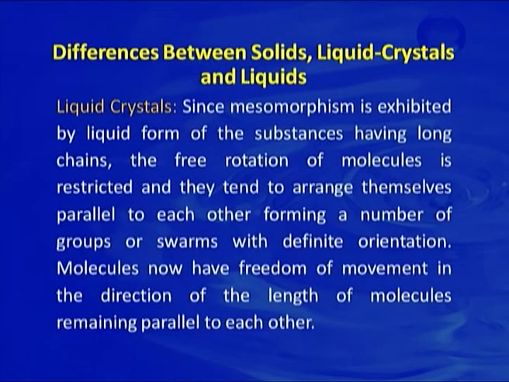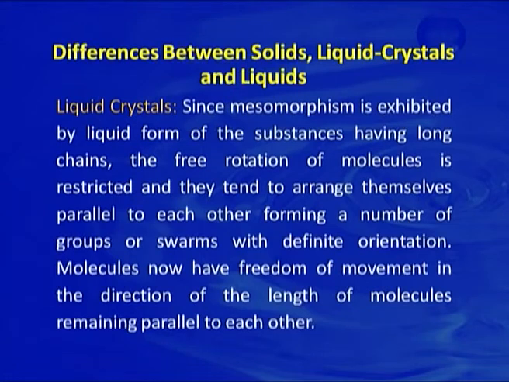And in liquid crystals, since mesomorphism is exhibited by liquid forms of substances having long chains, the free rotation of molecules is restricted and they tend to arrange themselves parallel to each other, forming a number of groups or swarms with definite orientation.